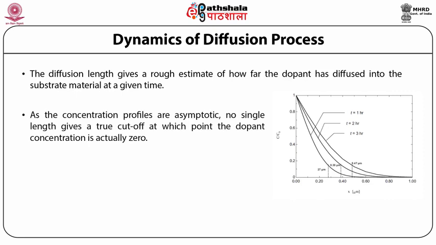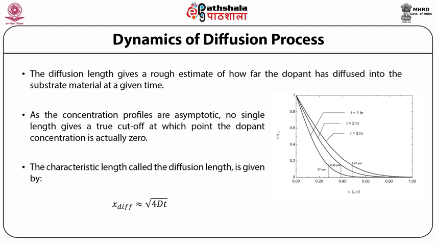As the concentration profiles are asymptotic, no single length gives us a true cutoff at which the dopant concentration is actually zero. So the characteristic length is called the diffusion length, which is given by x diff approximately equal to root of 4Dt.